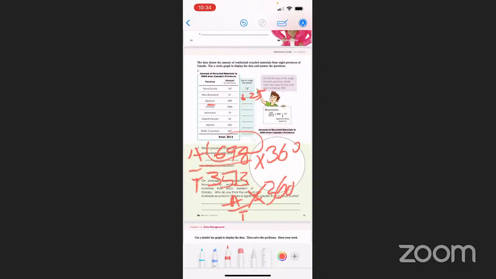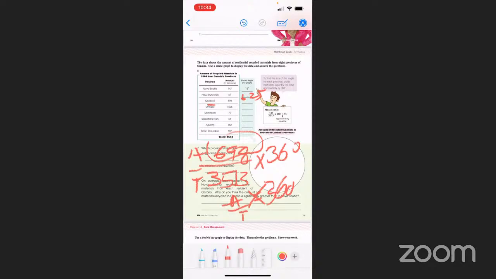Yeah, so basically divide 698 by 3513, then whatever you get, you have to multiply by 360, okay? So once you do that, what did you get? 698 divided by 3513. What did you get as an answer?